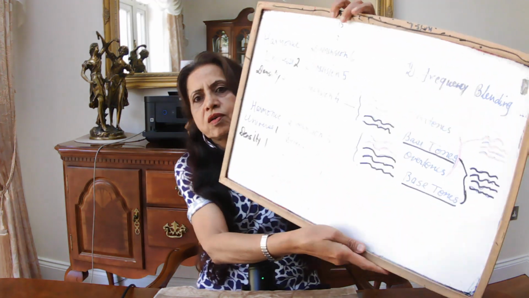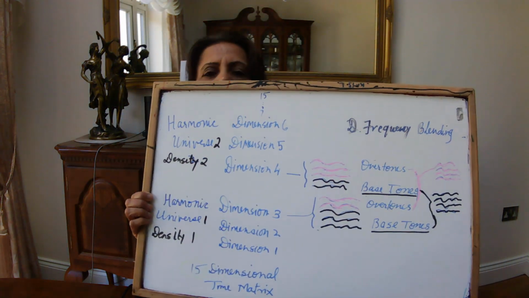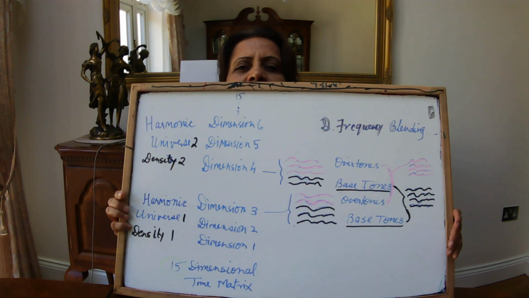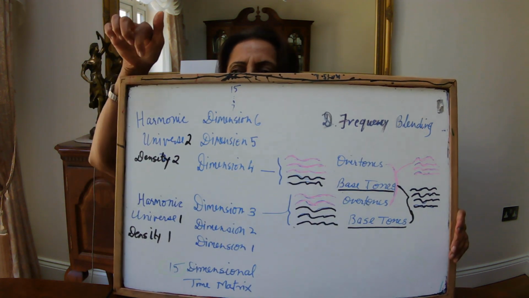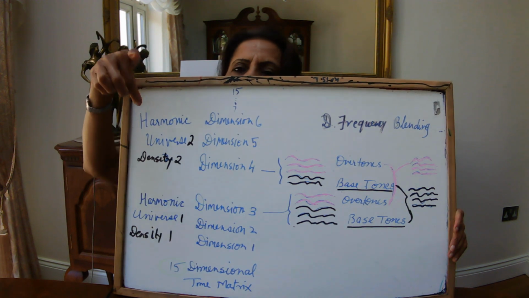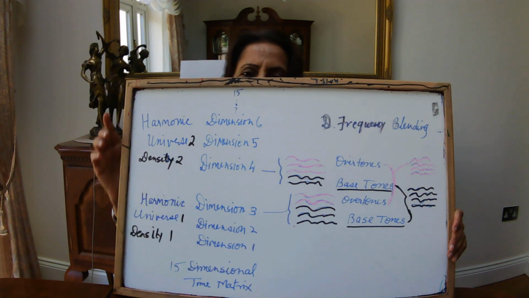So if you can have a look, I'll just hold it for you. Harmonic universes can be called the same as density.